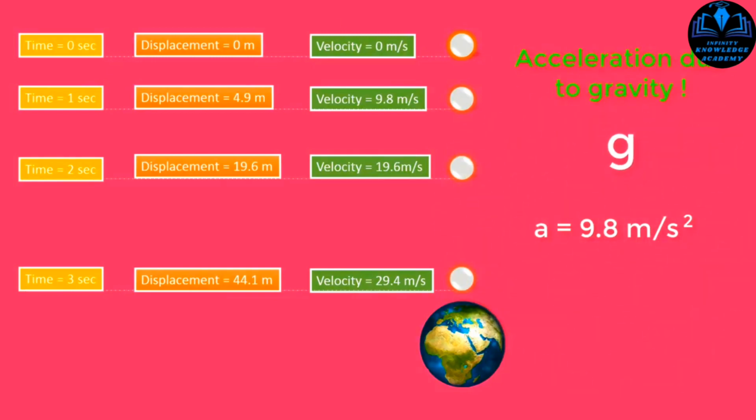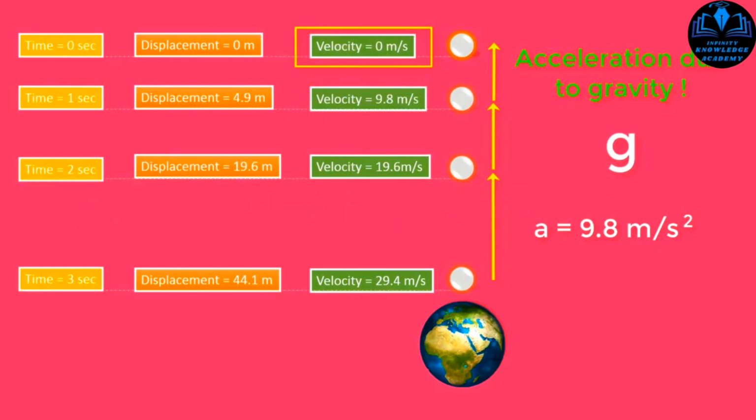The reason is that when I throw a body in upward direction, in this case, its velocity decreases. Now, how much does velocity decrease between the last 2 and 3 seconds? I know its velocity decreases from 29.4 meter per second to 19.6 meter per second, then from 19.6 meter per second to 9.8 meter per second, then from 9.8 meter per second to 0 meter per second.